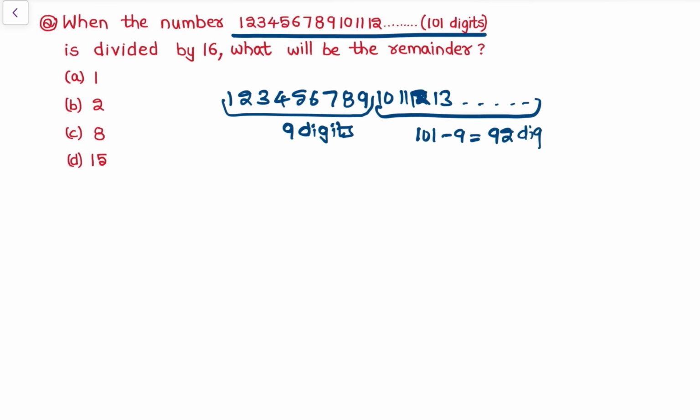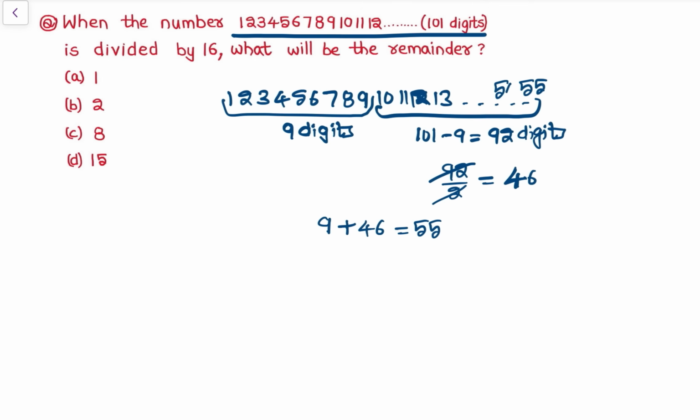Now how many numbers are 92 digits? 92 by 2, because these are all 2-digit numbers. 92 by 2 is 46, right? So 46 numbers. 9 numbers plus 46, you will get 55 numbers. So 55 will be the last number.